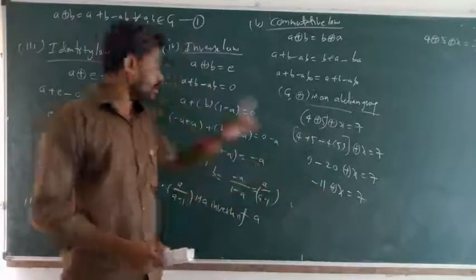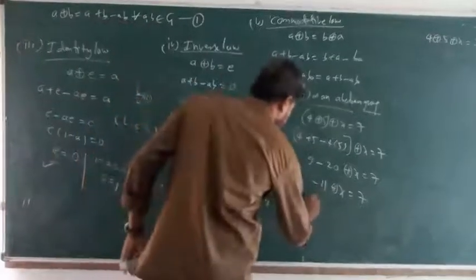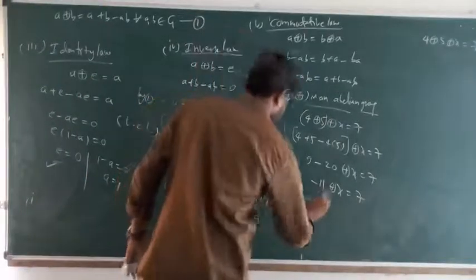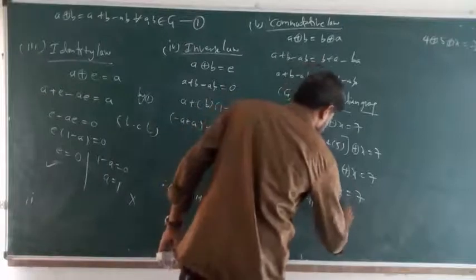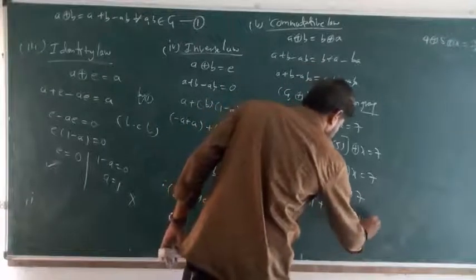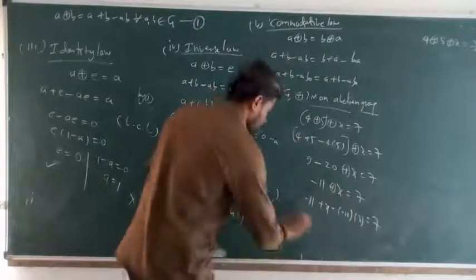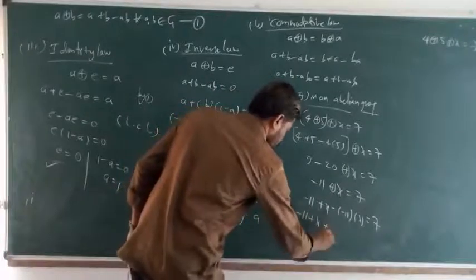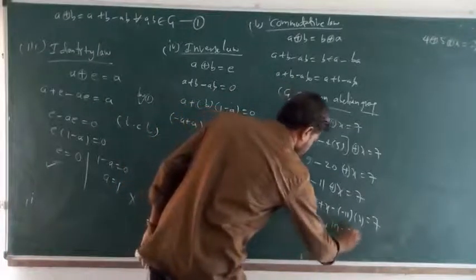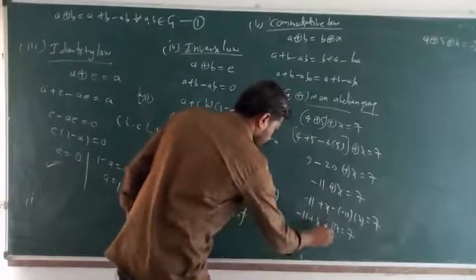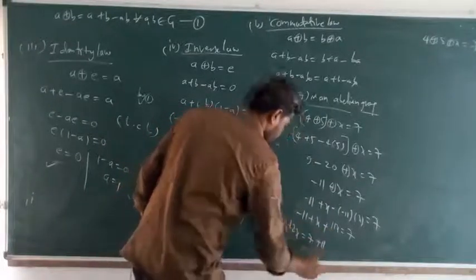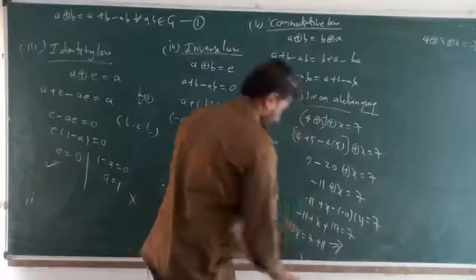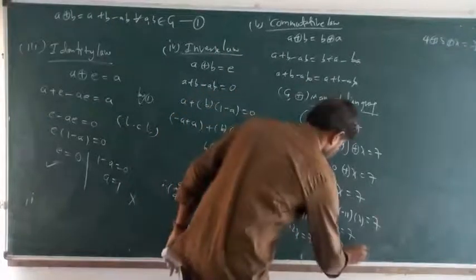Let's substitute again: minus 11 plus x minus 11 into x is equal to 7. So minus 11 plus x plus 11x is equal to 7. So x plus 11x is equal to 7 plus 11, nothing but 18.